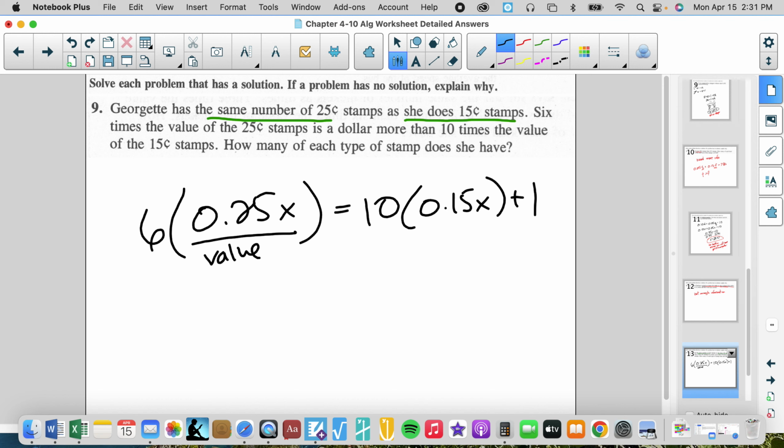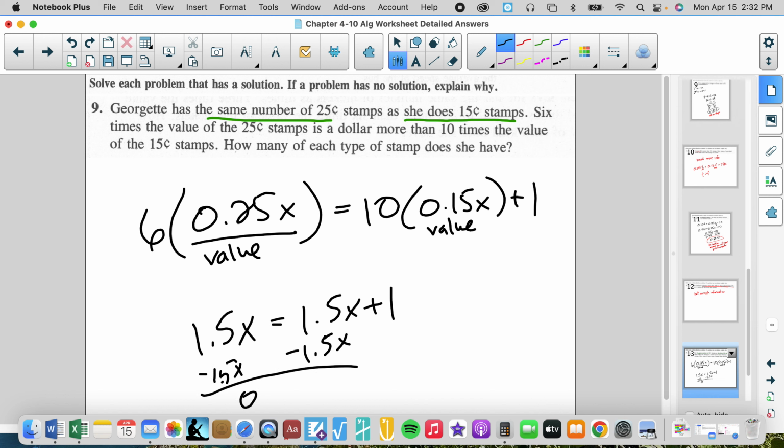So if we add $1 to the value of the 15-cent stamps, then we're going to get the value of the 25-cent stamps. So this is 1.50x equals 1.5x plus 1. That's interesting. If we subtract 1.5x from both sides, we get 0 equals 1, which is not the case.